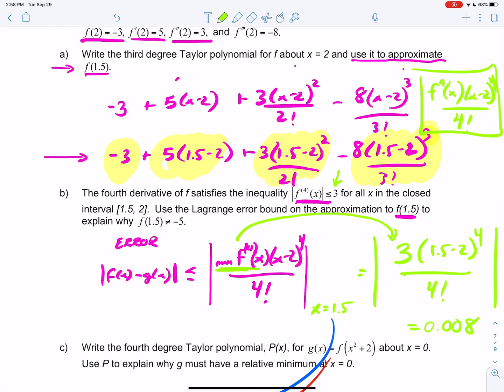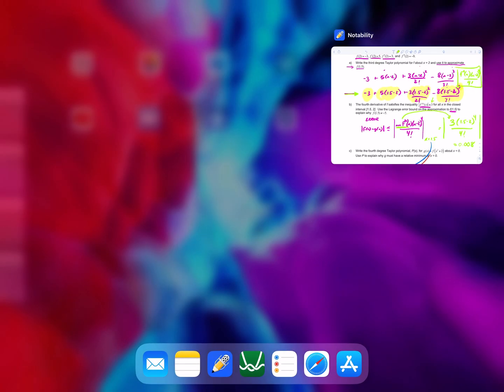So take a look. If I go back to f of 1.5 right here and I compute this, oh gosh, here we go. 1.5 minus 2. This is going to take me forever because I don't remember the value. To the third times the 8 divided by the 6. Okay. Plus, oh gosh, I would rather write this out. Hold on. Okay.